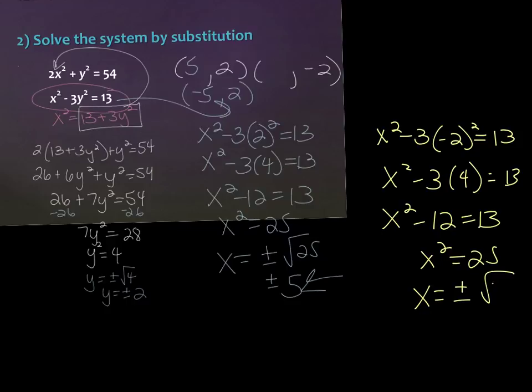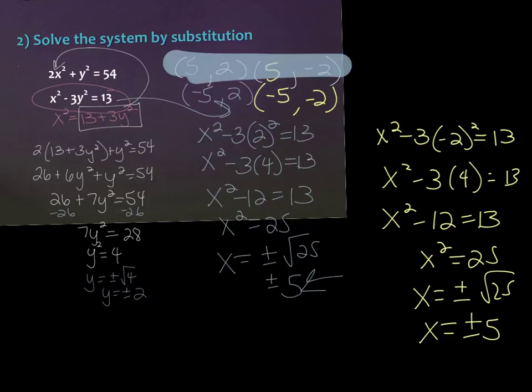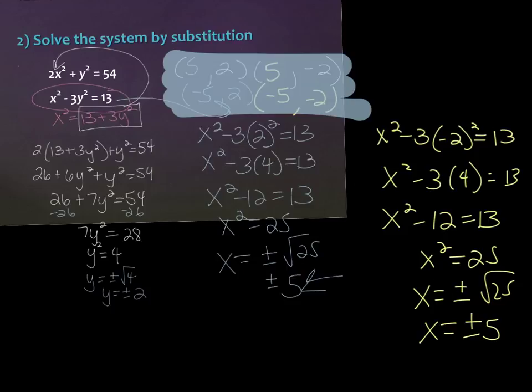Plus and minus the square root of 25, which is plus and minus 5. So for each y being negative 2, I have 2 different x's. And then all 4 of those would be my answer.